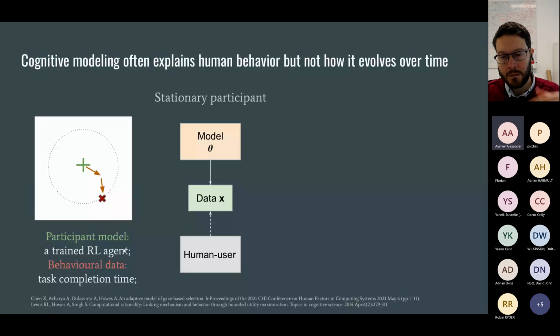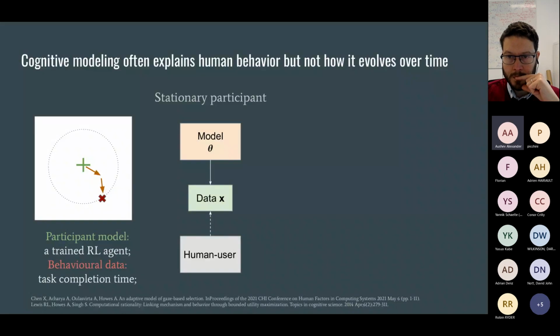The model here is some kind of a reinforcement learning agent, and we record the time in which the human participant was able to find the target. The problem with these types of tasks is that it is very rarely the case that you give the human participant only one design trial.